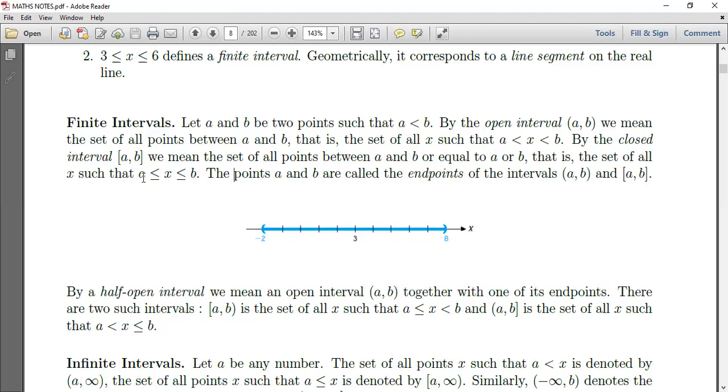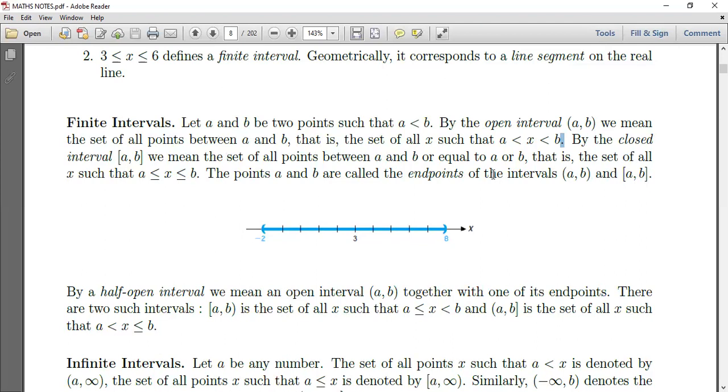Because of the less than or equal to, we call that a closed interval. Are we together?